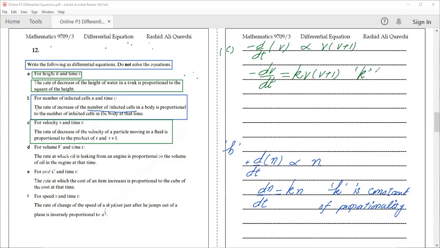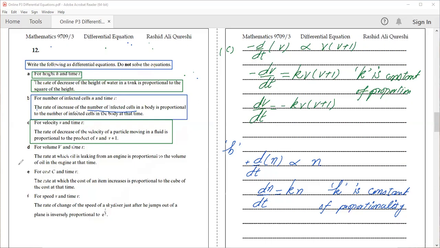K is called the constant of proportionality. And as I said, the minus sign you have to write always on the right of the given differential equation. So you have dv by dt is equal to minus k times v into v plus 1. That is the differential equation.